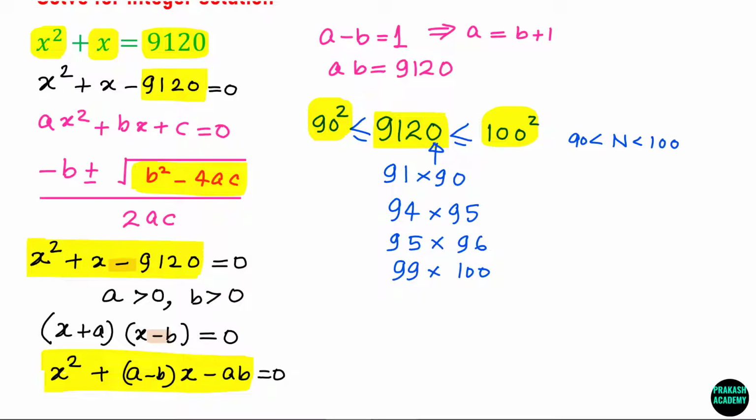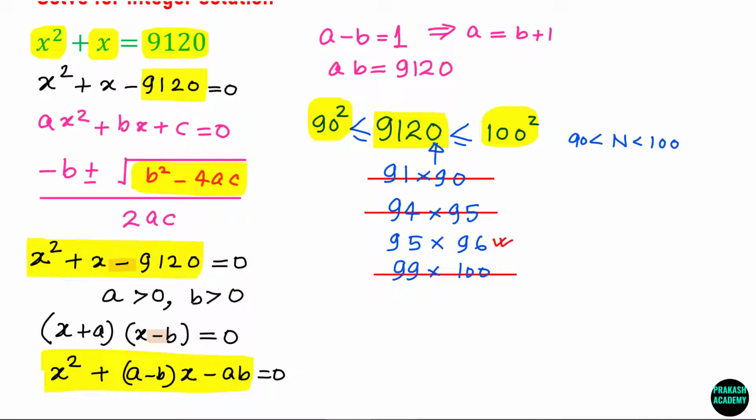But now see, what are the things that will be cancelled out? In this case you cannot have this, because this is 9990. This you cannot have because this will not be 9120. Similarly, if you multiply these two numbers, this is also not equal to 9120.